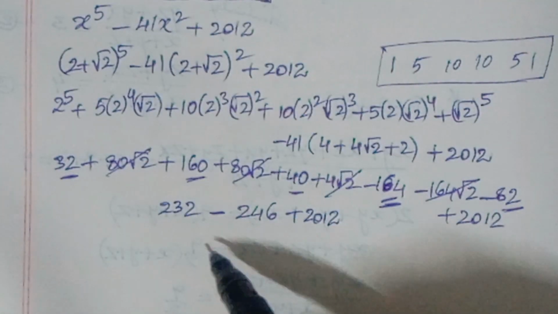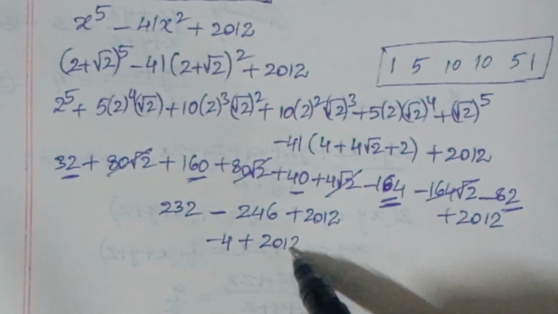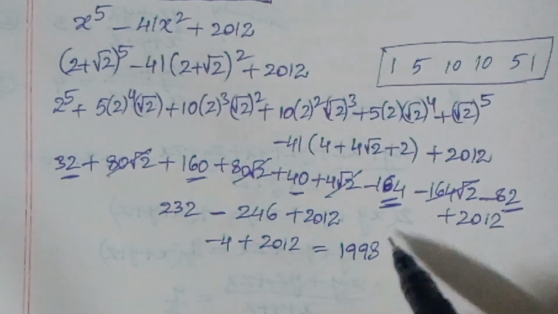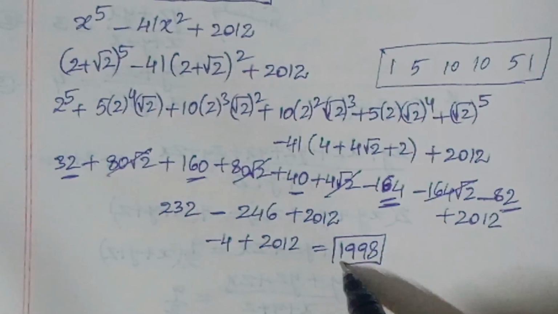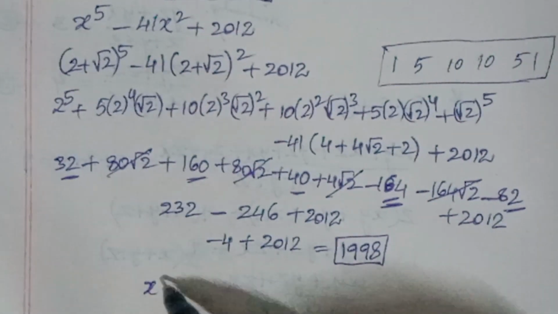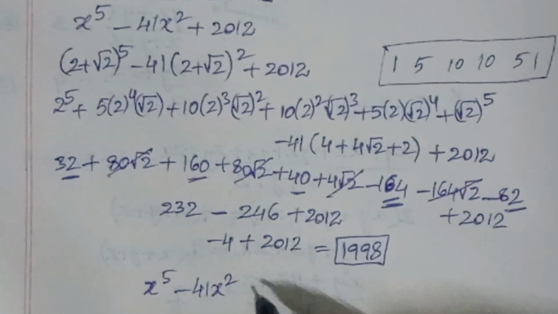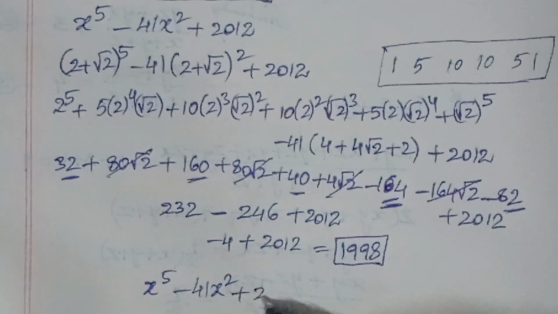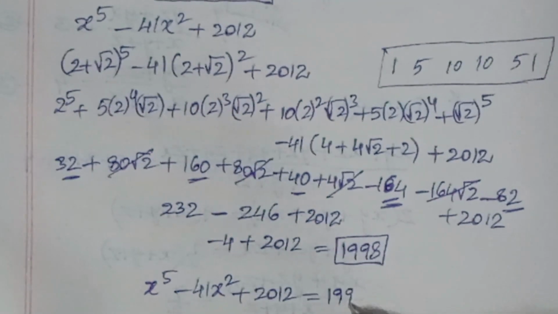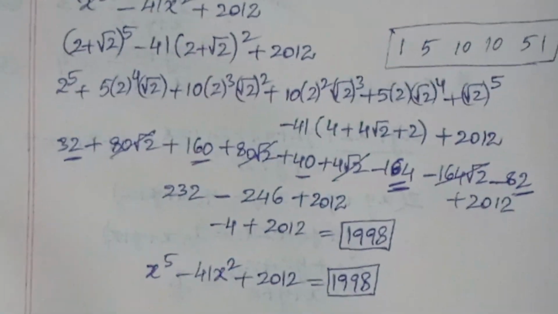So here we get minus 14 plus 2012, and we are getting 1998. So the value of x to the power of 5 minus 41x square plus 2012 is equal to 1998. Okay, this is the first method.